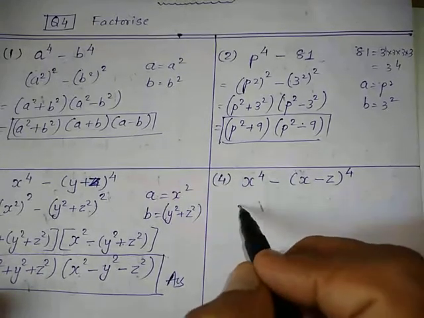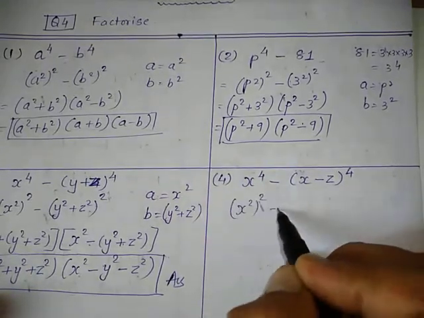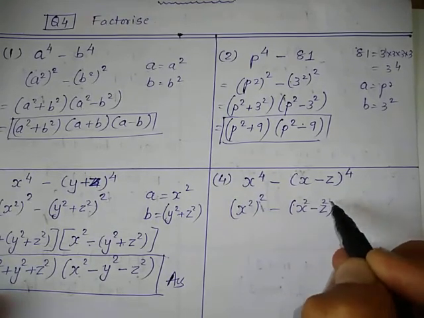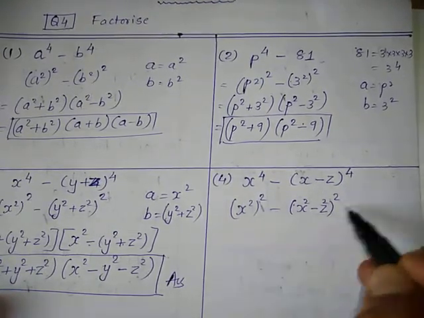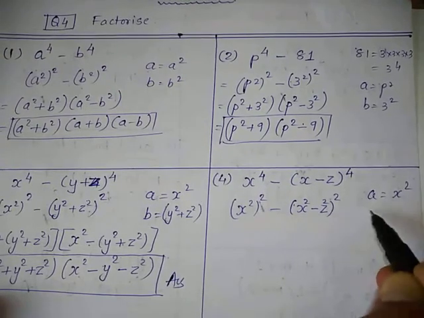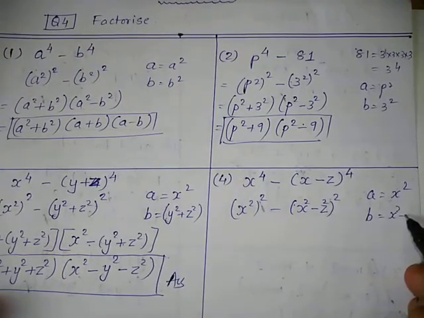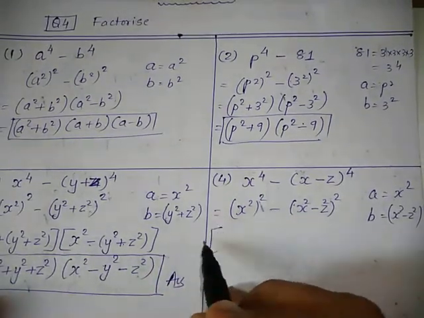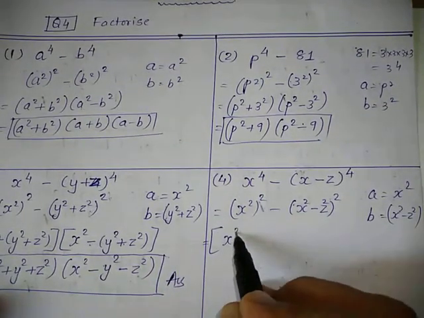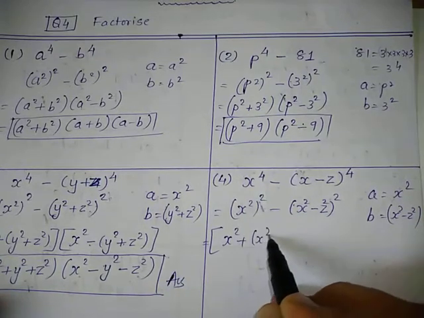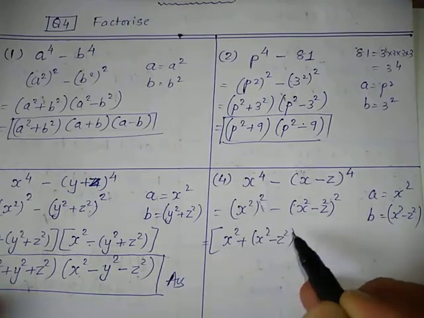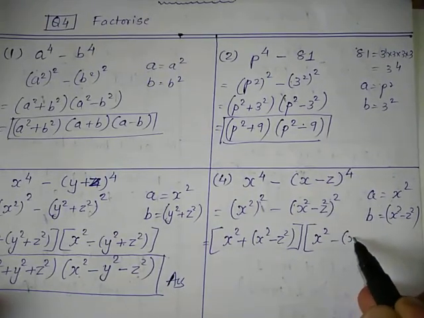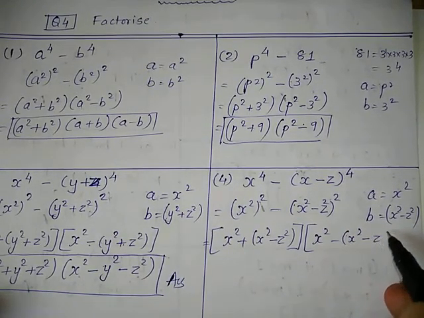Similar type of question. So x square whole square and x square minus z square, both power 2, 2 and whole square. So a square, b square. So our a is equal to x square and b is equal to x square minus z square. So same way we have to keep it in the bracket. So first is x square plus x square minus z square, and in the second bracket x square minus x square minus z square.